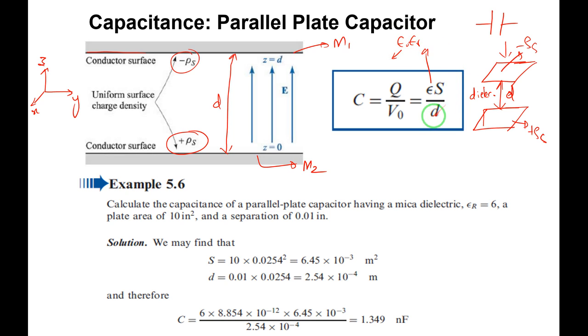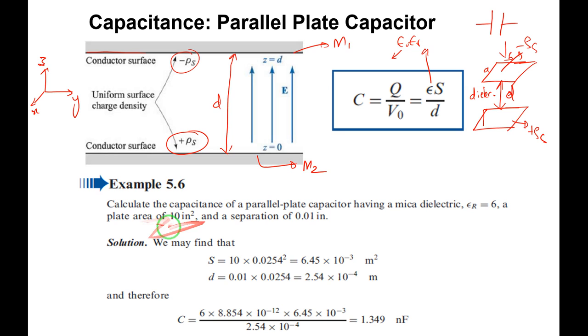This d is the separation between the plates, and S is the surface area of the plate. Let me take this side as a and this side as b. Surface area is a into b. So the capacitance depends on the dimensions of the plates, the distance between the two plates, and also on the dielectric material present between the two plates, epsilon.